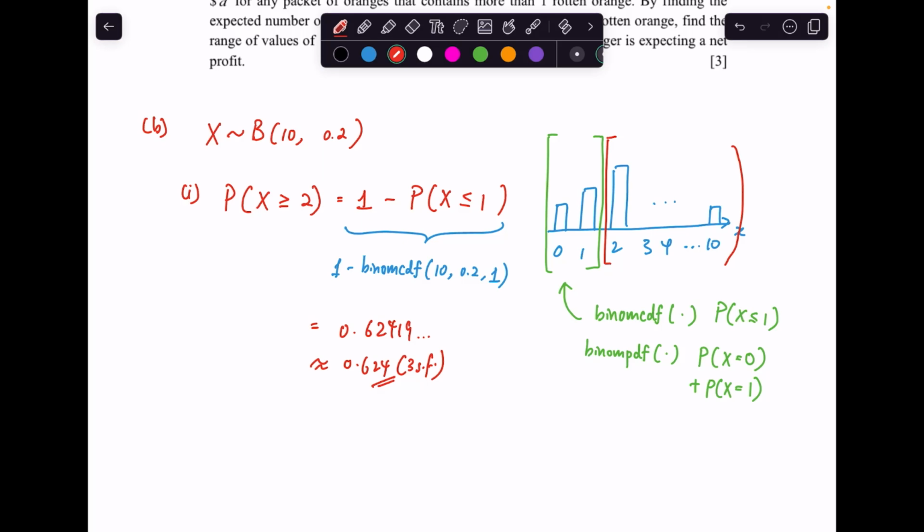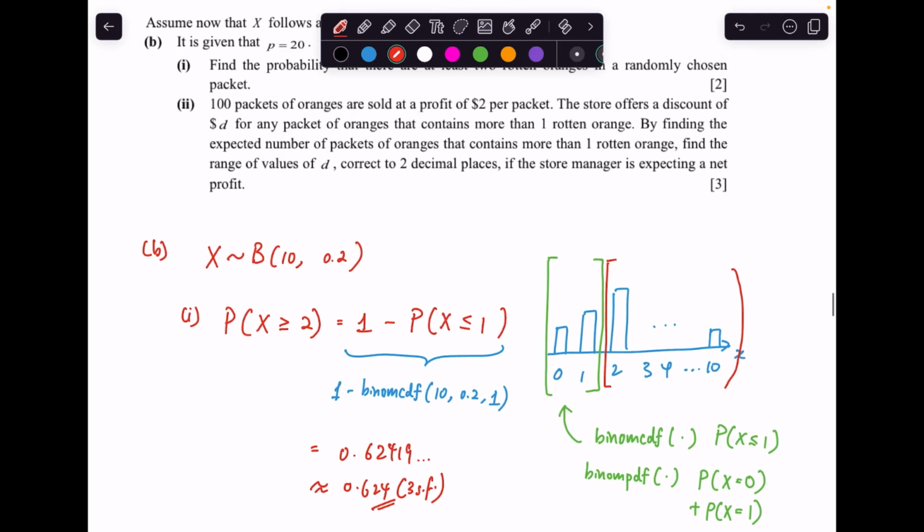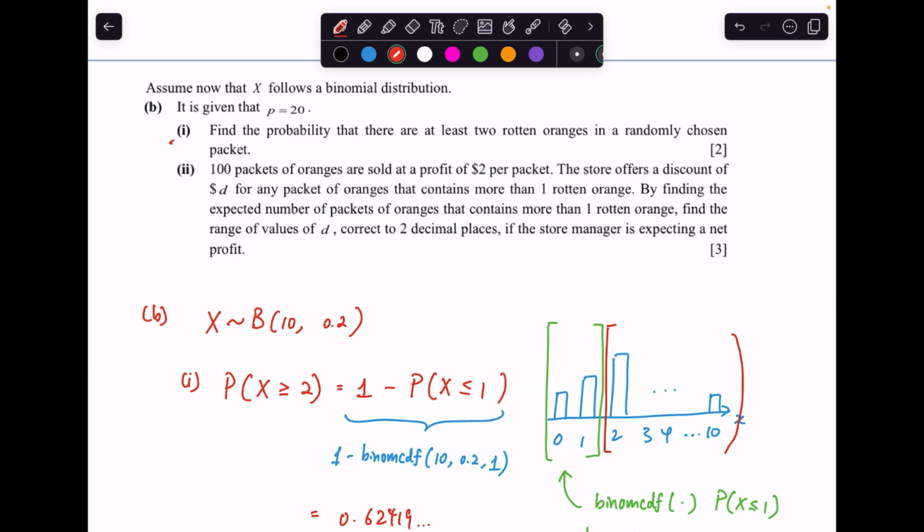Okay, so next one, part 2. In part 2, they say that 100 packets of oranges are sold at a profit of $2 per packet. The store offers a discount whenever they discover any packet containing more than 1 rotten orange.